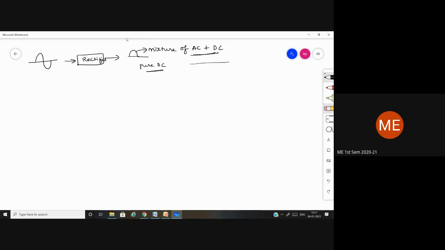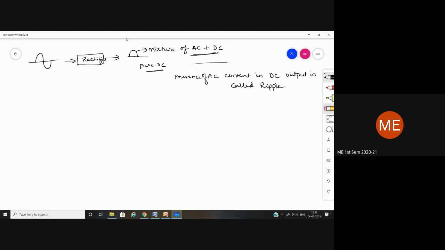This arc shape indicates that the output contains AC content. So in short, the presence of AC content in DC output is called ripple.